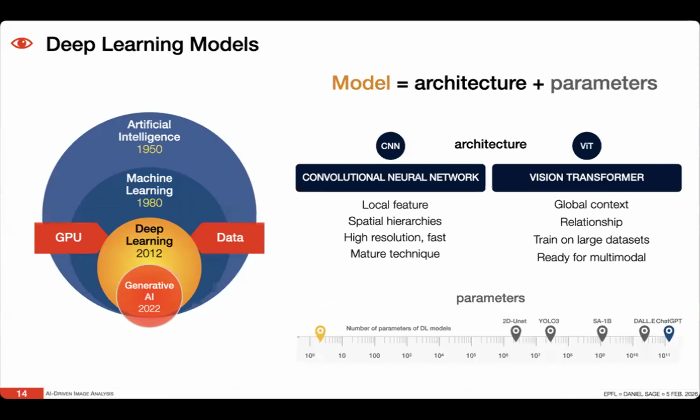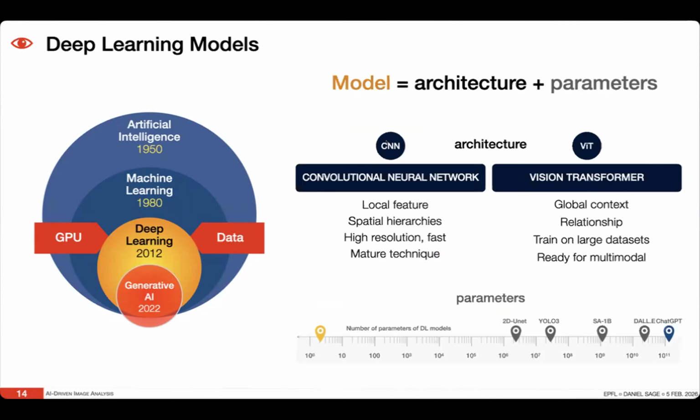I also speak a lot about AI models. So what is a model at the end of the day? It's an architecture and a large amount of parameters. In our field, we have mainly two kinds of architecture. There are more, but to simplify the view, we have two.